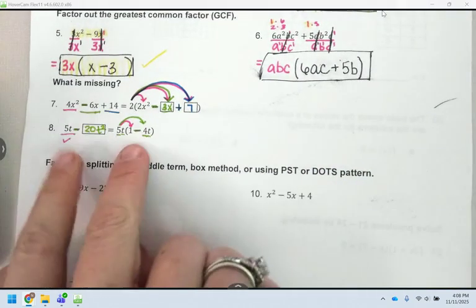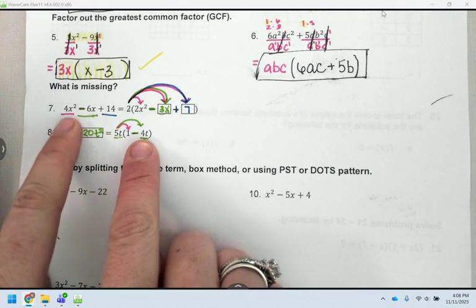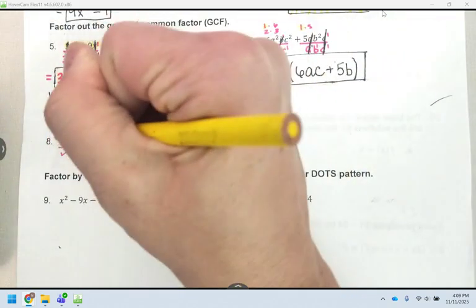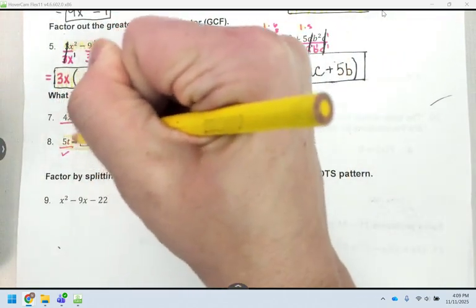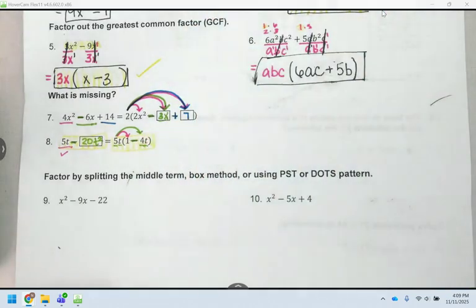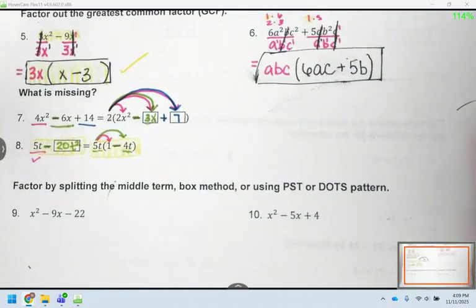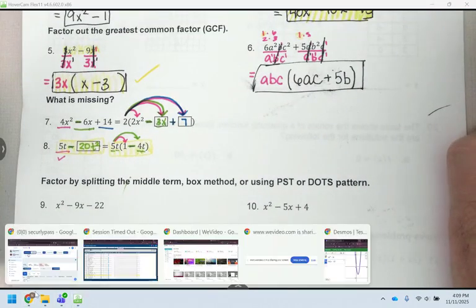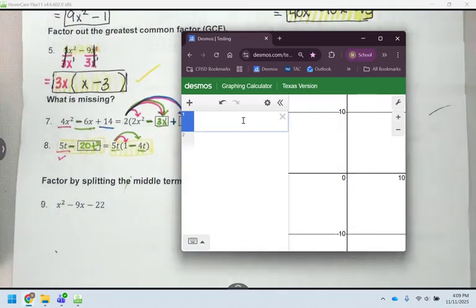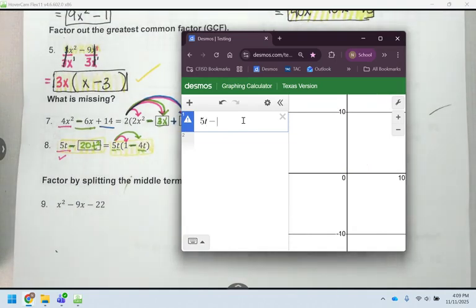Okay. Both of these can be checked in Desmos because they only have one variable. Let's check this one. So what you would do is type one of them in and then type the other and see if they are the same parabola. 5t minus 20t squared. Let's see, why is it giving me the triangle?